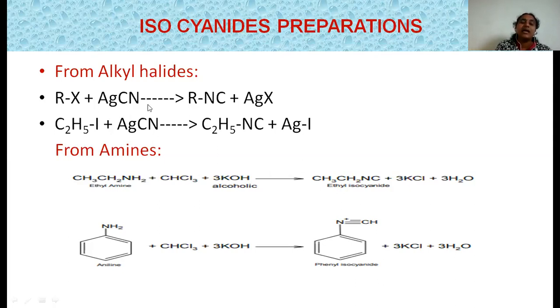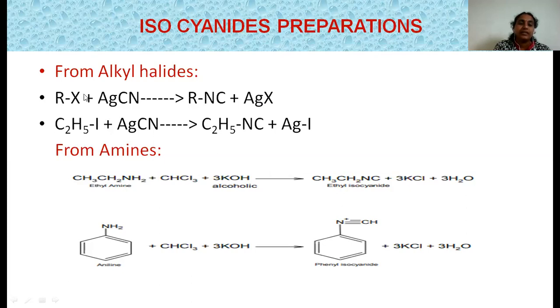But silver cyanide doesn't exist in ionic form, so in this compound nitrogen is the more electronegative atom, which has the lone pair of electrons, and hence it is involved in the nucleophilic substitution reaction. Therefore, in isocyanide formation, the R group is directly connected to the nitrogen, and the byproduct is silver halide.